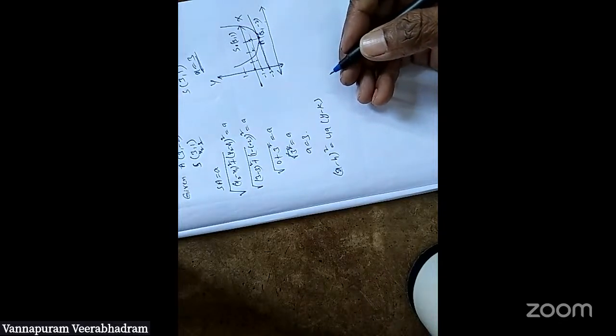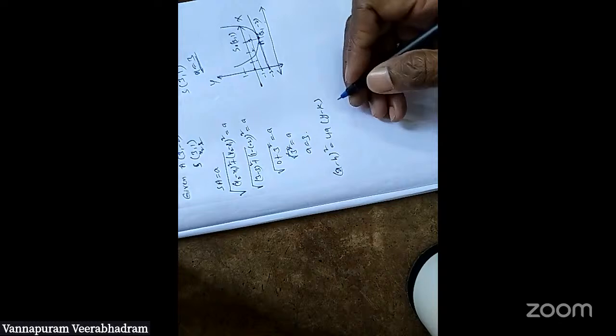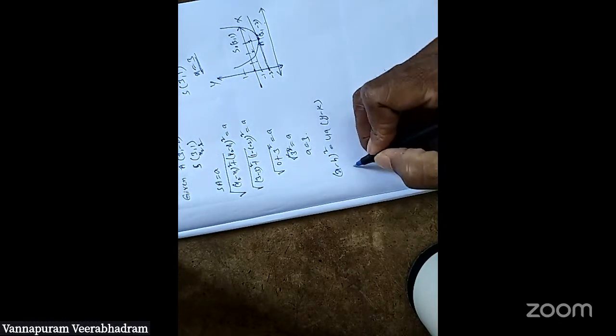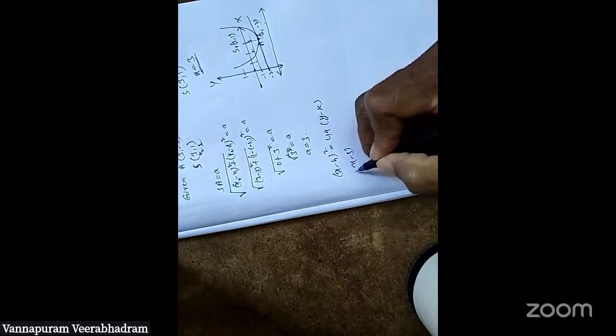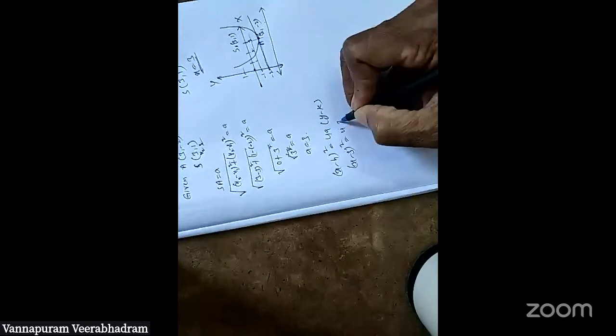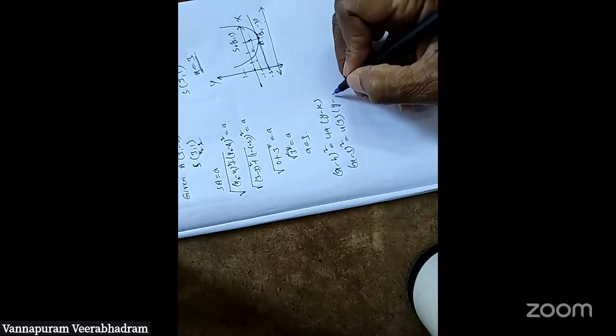Now apply the values here. Here h value is 3, that is x minus 3 whole square, equal to 4a, that is a value is 3, 4 into 3 into y minus k value is minus 2.